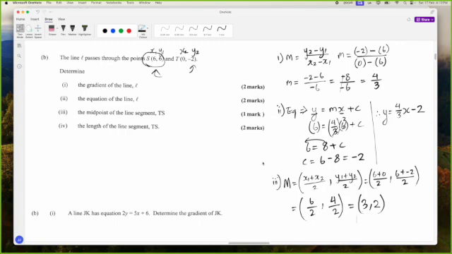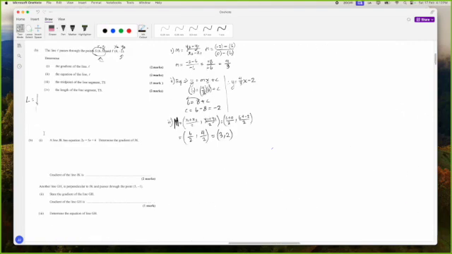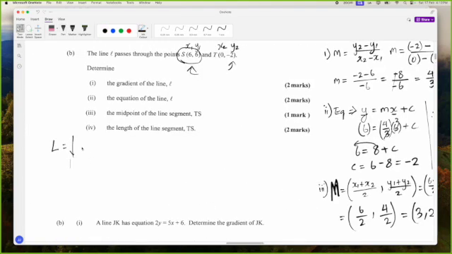So the midpoint, you notice, is big M, and the gradient is small m. Now the length of the line segment, so the length L, is equal to the square root. And let me just see something. Okay, so it is the square root of x2 minus x1 squared plus y2 minus y1 squared, the square root of all of that.